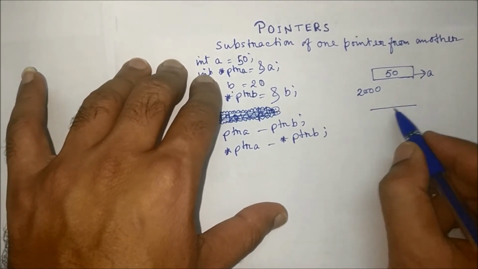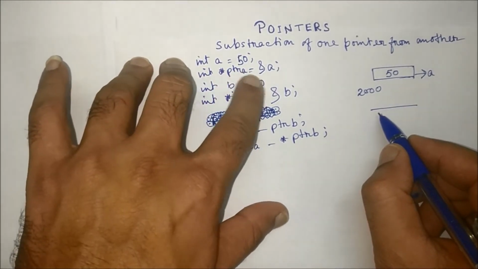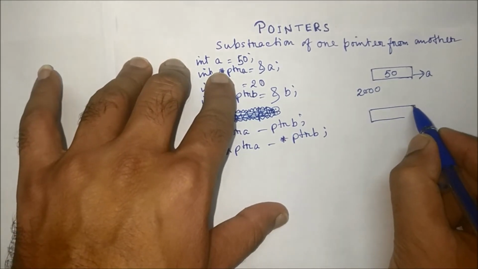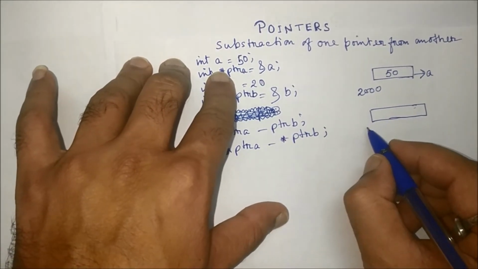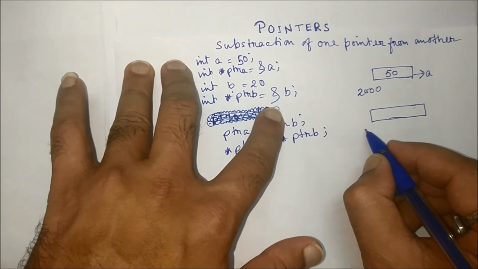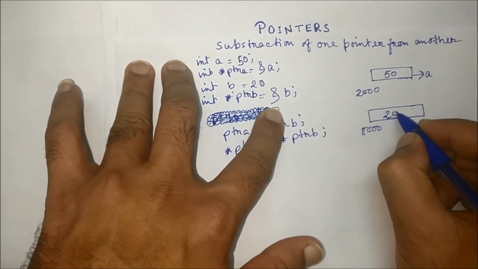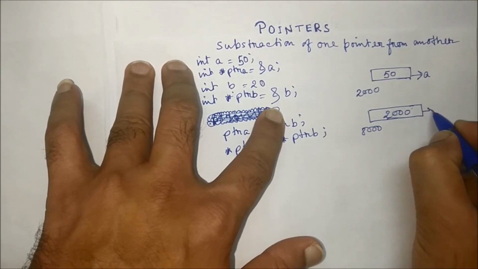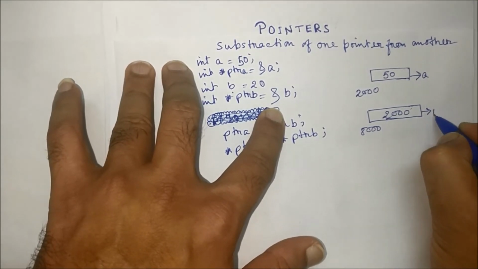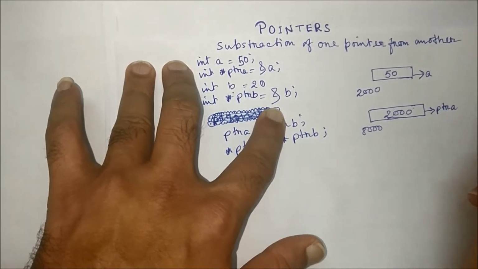The next variable is b. We are storing the location of a into the pointer variable. Suppose the location of the pointer variable is 8000, and here we are storing the memory address of a, which is 2000, and the name of the location is ptr a.